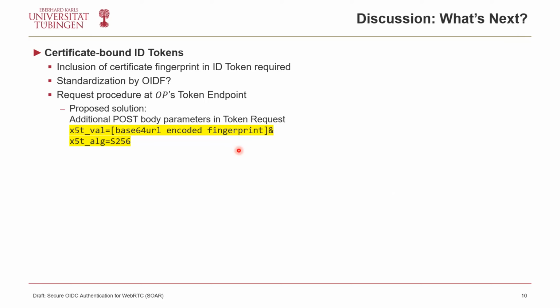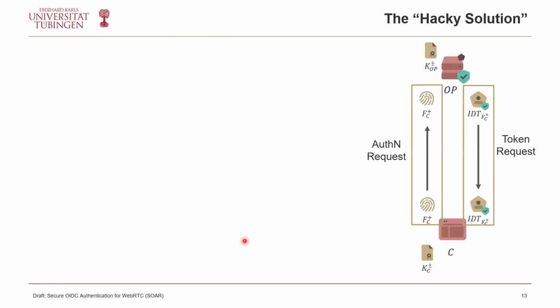Conceptually, yes. I have a slide for it, and there's a good reason why I want to do it in the token request and not in the authorization request. Okay. I guess it's better if we jump to this slide, which I have prepared for it. Here.